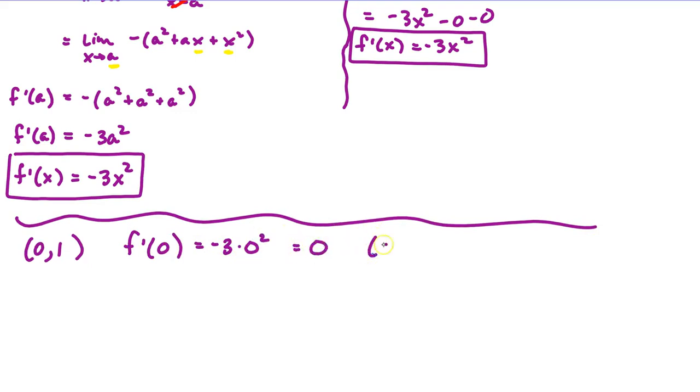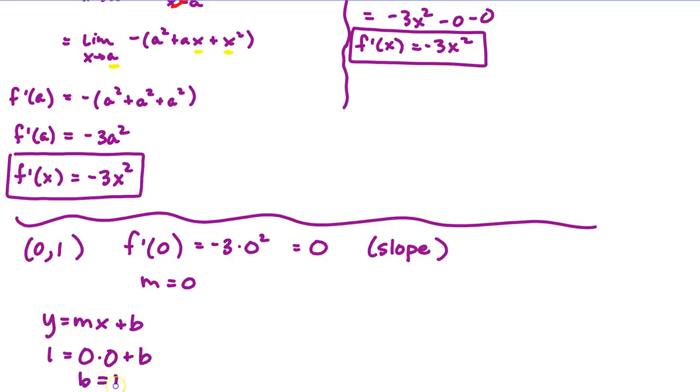So that's our slope. Remember, the derivative is the slope of the tangent line. So m equals 0, and we have the point 0, 1. So we can finish the process of finding the equation of the tangent line. Put in 1 for y, put in 0 for m, put in 0 for x, solve for b, you get b equals 1. Y equals 0 x plus 1 is just the line y equals 1. That's the tangent line to that point on that curve.